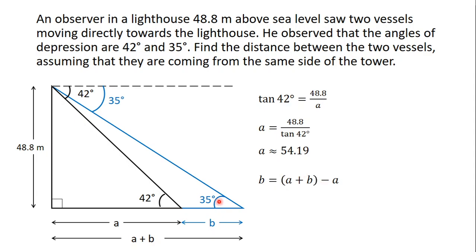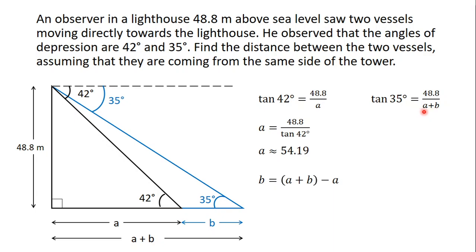Isa-solve natin yan. So, kung itong buong side na itong involved, ang reference angle natin ay magiging 35 degrees. Okay, so, dito itong 35 degrees involved sa kanya yung opposite side and adjacent side. Okay, so, ang gagamitin ulit natin na trigonometric function is tangent. Okay, so, tangent 35 degrees is equal to 48.8, the opposite side, over A plus B, the adjacent side.